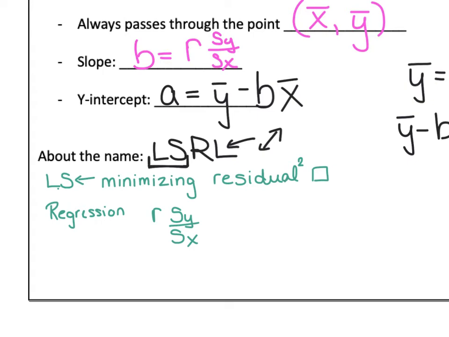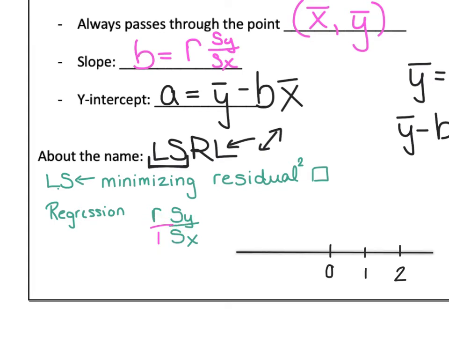All right, so if I think about this and make this a fraction, my bottom number is 1. So when we interpret slope, I could say that for every 1 unit increase in the standard deviation of the x's, the y is increasing by r standard deviations in y. For every 1 standard deviation in x, I increase r standard deviation in y.